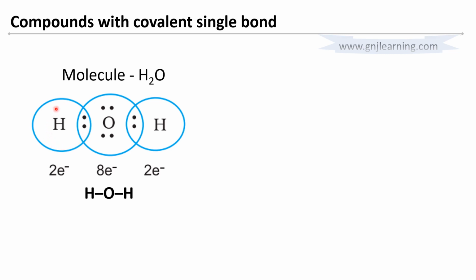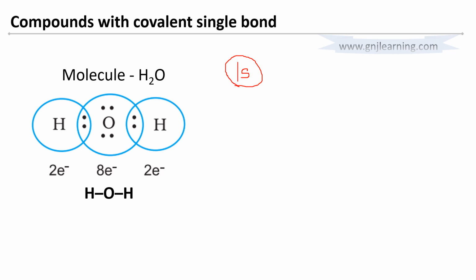Hydrogen and helium are exceptions. Why are they exceptions? They require only 2 electrons. Why is it so? Because in hydrogen the valence electron is in the 1s orbital, and the valence shell has only this 1s orbital.